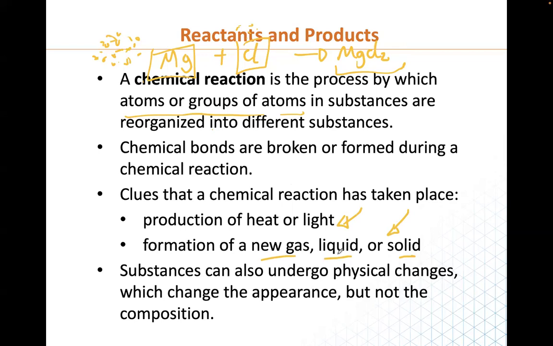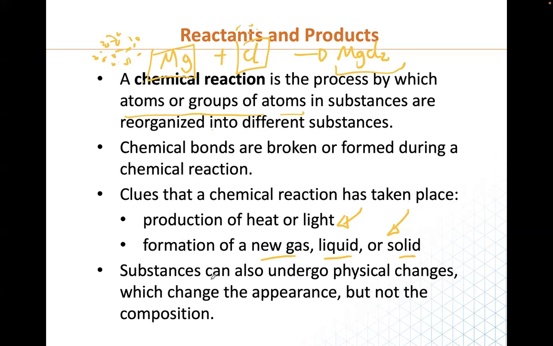You can combine a solid and a liquid together and get a liquid. You can even combine gas and liquid together and have a liquid, or gas and gas to get a solid. So it's not going to be the same as what you have in the reactant. It's going to be a different thing. So that is a chemical reaction.